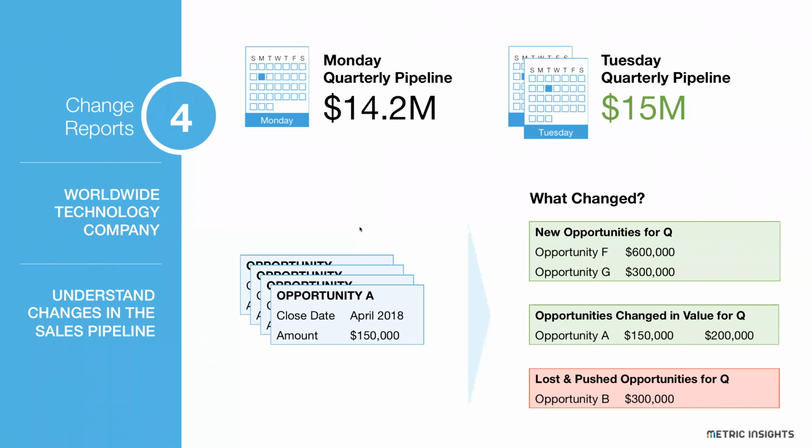Oftentimes it's because it went up as new opportunities were added and forecast to close in the quarter. Opportunities might change in value, going up or down. And some opportunities might be lost or pushed out into a future quarter. So by using that change report, you can say, if the pipeline changed by 0.8 of a million, what contributed to that change, so that you can figure out what's going on.